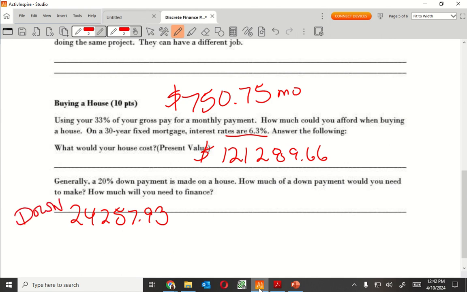So, if that's my down payment, I could either subtract it or take this number and multiply by 0.8.